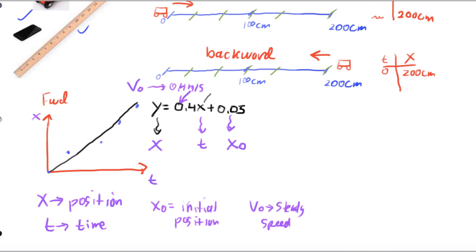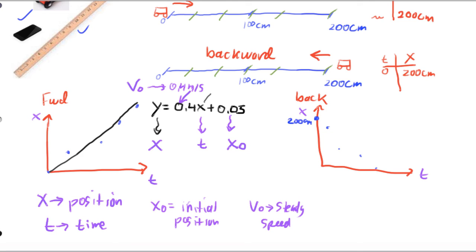Before I put all this together in the correct linear equation that we're going to use in AP Physics, I also want to show what the graph for going backwards looked like. When we went backwards, we had a similar set of axes, again with position and time labels. Here we start off at about 200 centimeters, and we notice our car going backwards in time.